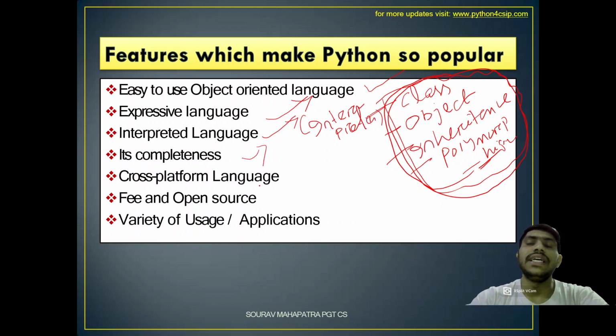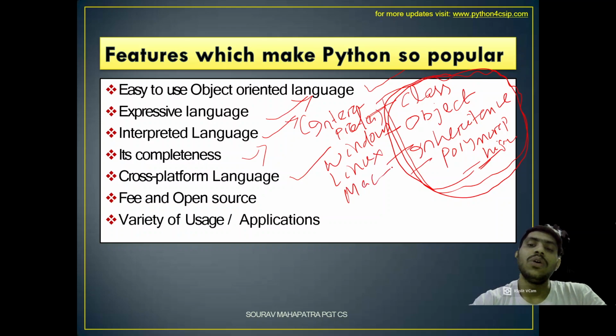Its completeness means when you download Python you get everything, every code or library file. Cross platform language: after writing the code, you can run it on any platform like Windows, Linux, Mac, Ubuntu. That's why it is called cross-platform. Free and open source.